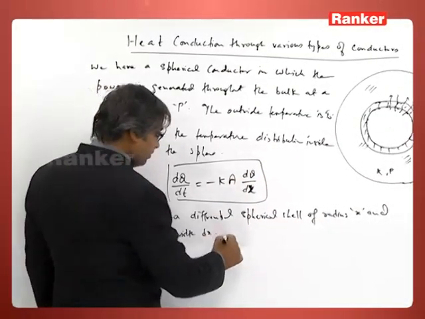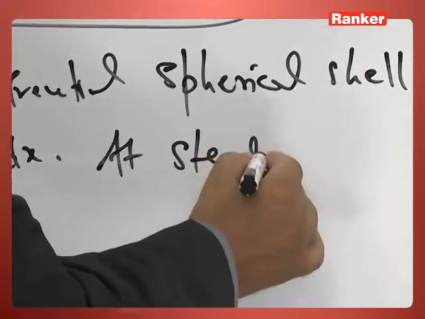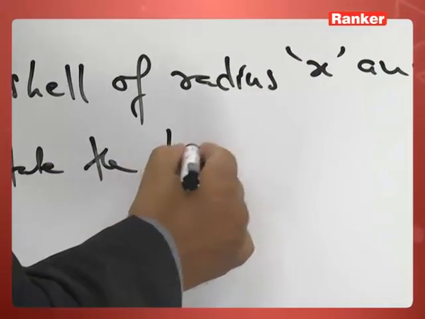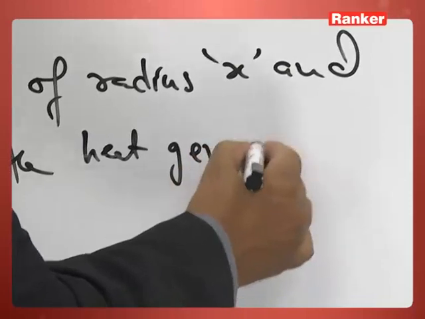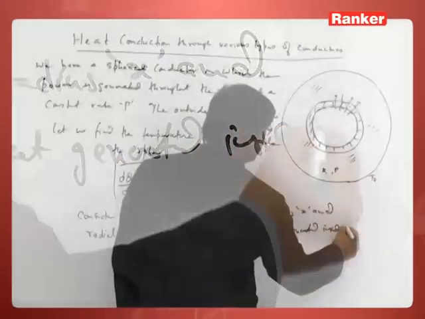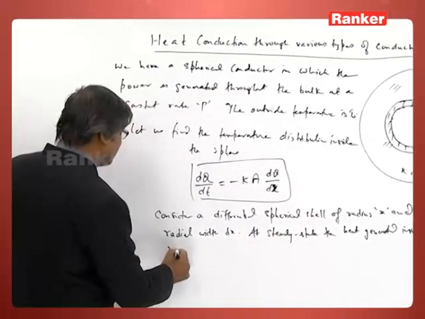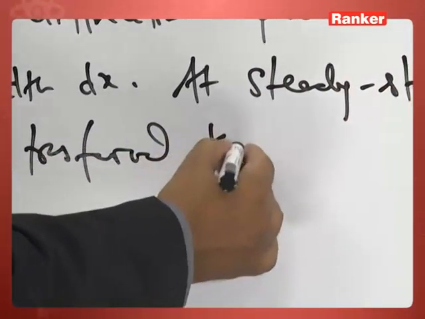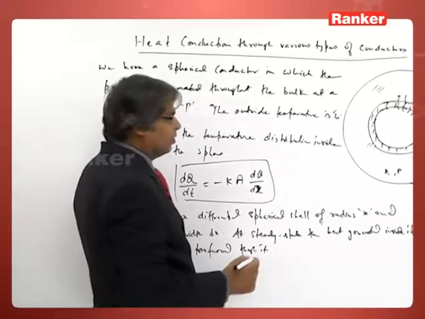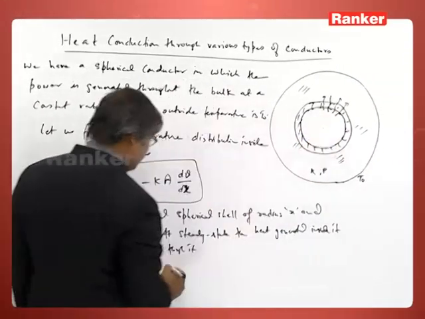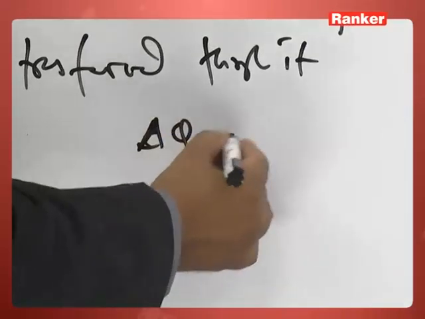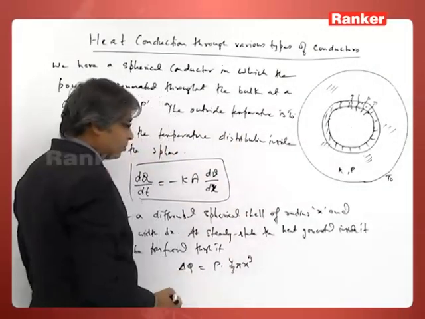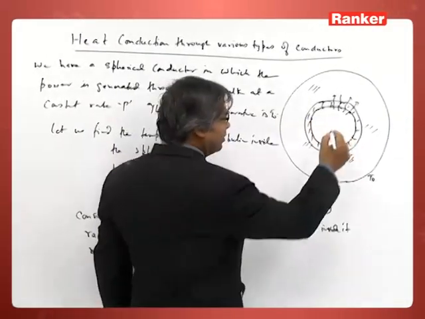Now, at steady state the heat generated inside it must be transferred through it. So, the heat generated, delta q inside, is the thermal power P into the volume, 4 by 3 pi x cube. So, this amount of heat must be transferred through this section.